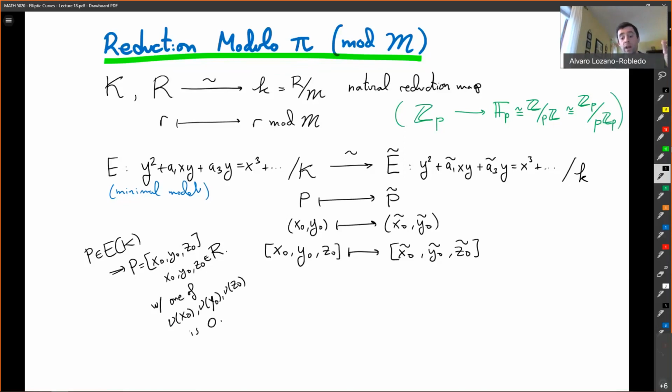If you take whatever the minimal valuation is, you can divide by it, and then one of them is going to be of valuation 0. So this map is going to be well defined as long as I pick my points in this form. Then I can send them over. Let me give you an example of what I mean for this reduction map.